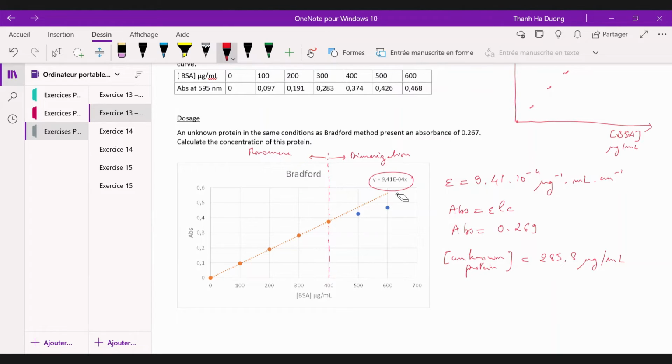You have to remove from Excel the last 2 points. So you did that manually? Yes, I did it with Excel, and I asked Excel that the intercept should be 0.